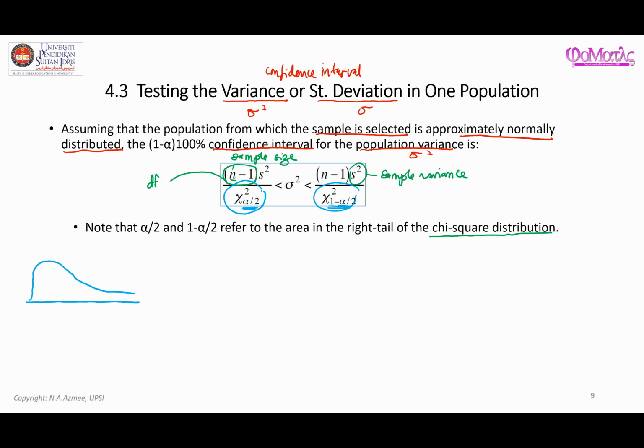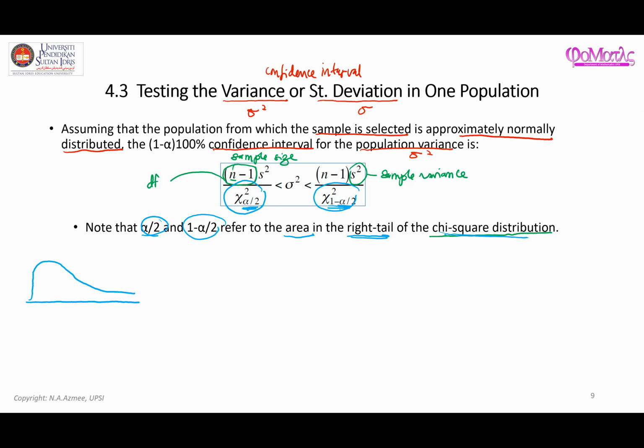Alpha over 2 and 1 minus alpha over 2 is explained in this sentence here, where it refers to the area in the right tail of this distribution. If you have an area equal to alpha over 2, you can imagine that this is going to be a small area, because alpha itself is a small value, and if you divide by 2, it's going to be even smaller.